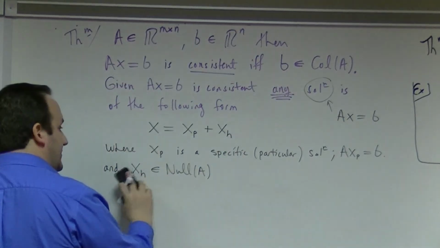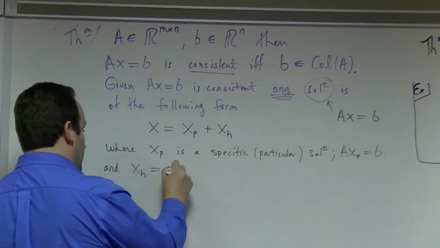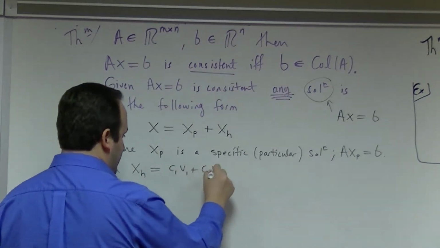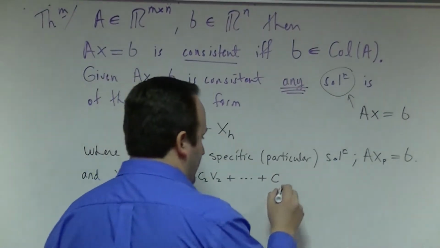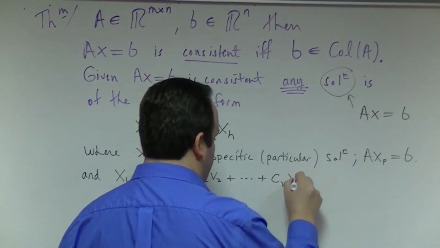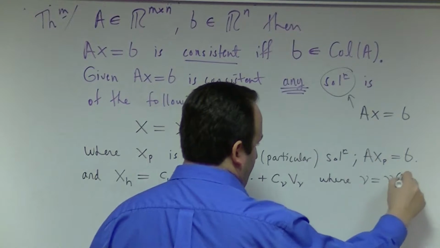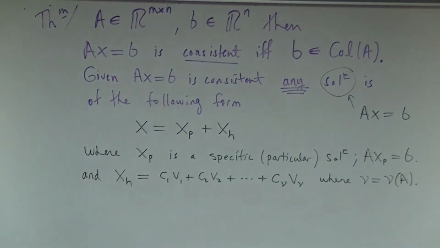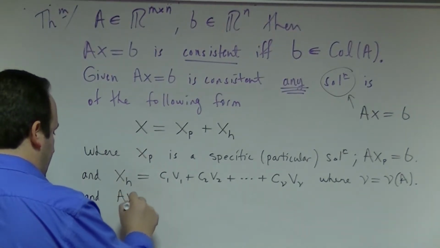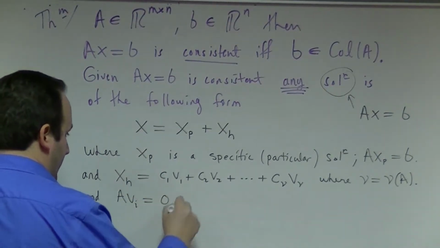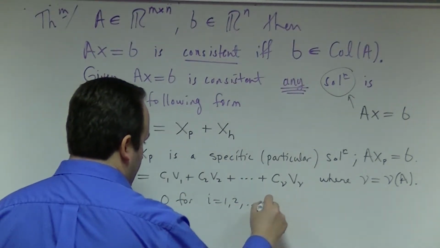Where xh is equal to c1v1 plus c2v2 plus up to c_nu v_nu, where nu is equal to the nullity of A. And A times vi is equal to what? 0, right, for i equals 1, 2, and so on.